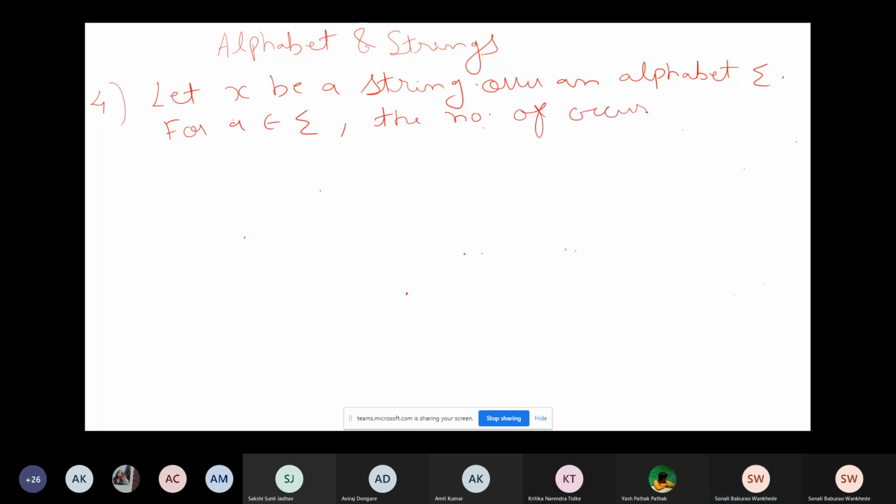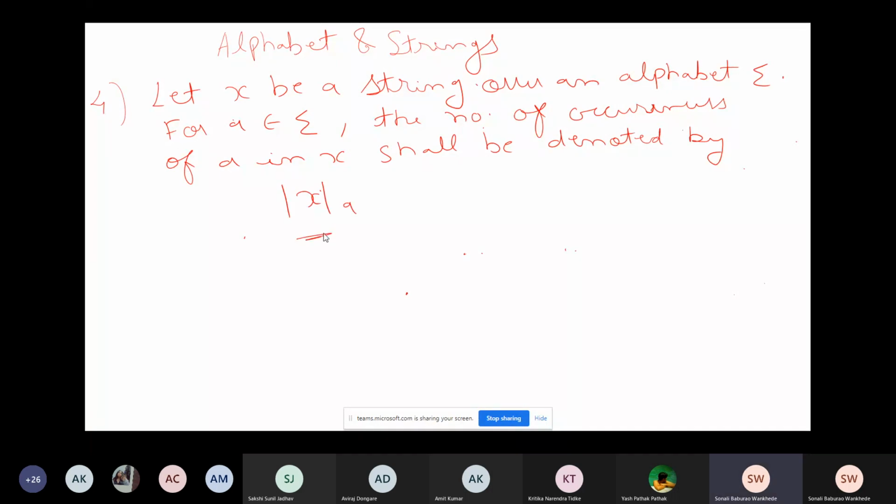The number of occurrences of a in x shall be denoted by mod of x to the base a.